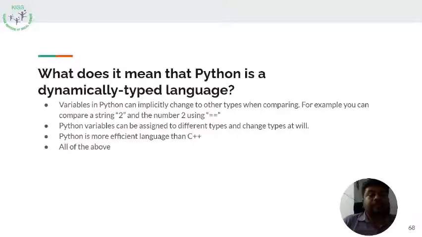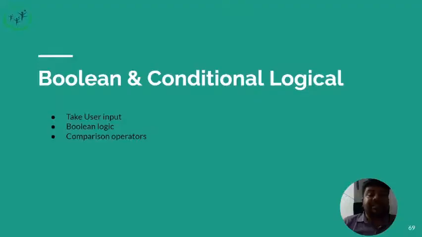Sir, it can be assigned to different types. Yeah. So Python variables can be assigned to different types and change types at will. That makes it dynamically typed, because you can assign different values to a particular variable, and that changes its type.